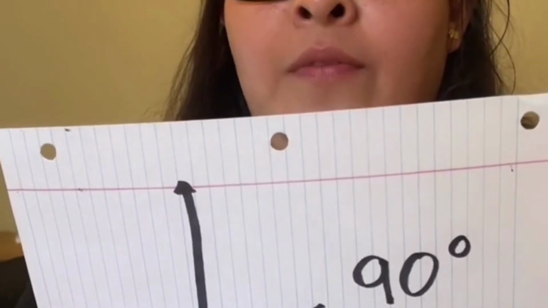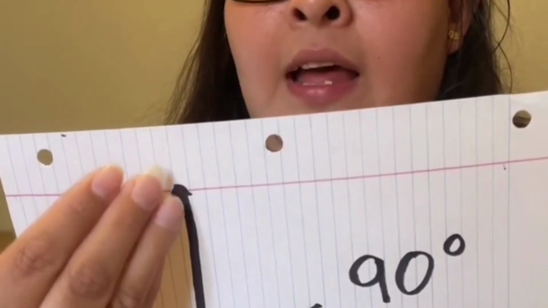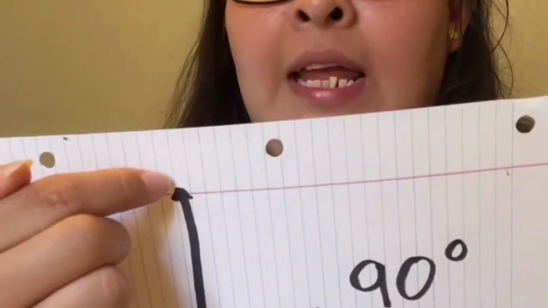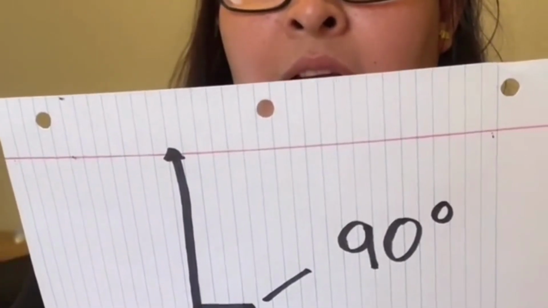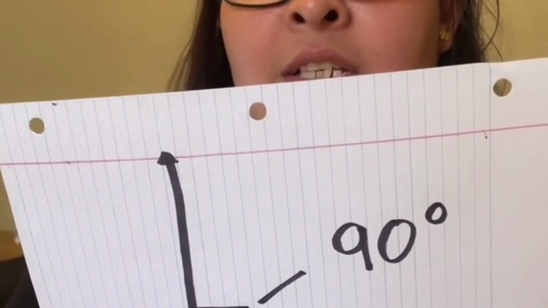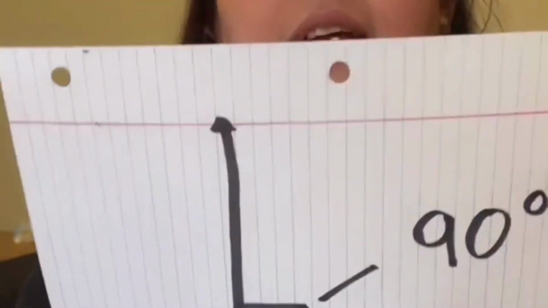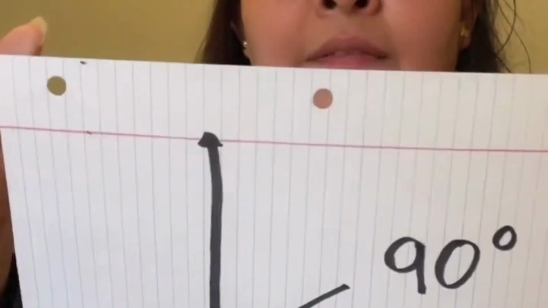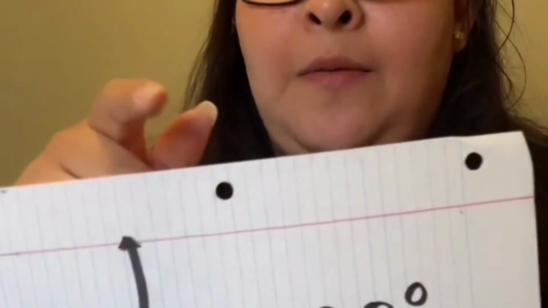So that's very important for you to know. If you notice, this line is straight up and this one just points that way. So whenever it's shaped like this, with a sharp corner here, it measures 90 degrees. We can see that it makes an L shape, right? So it's very important for us to identify and learn what a right angle is.